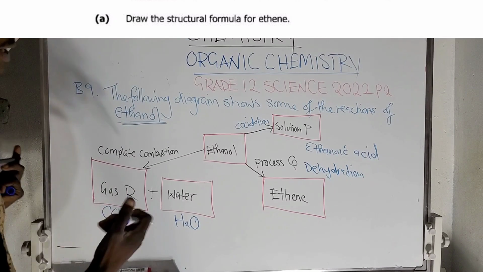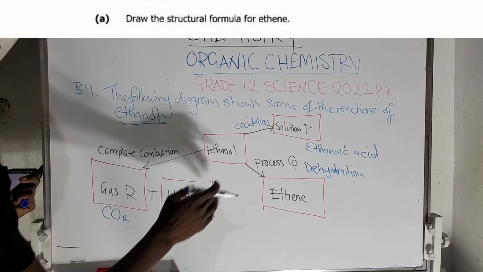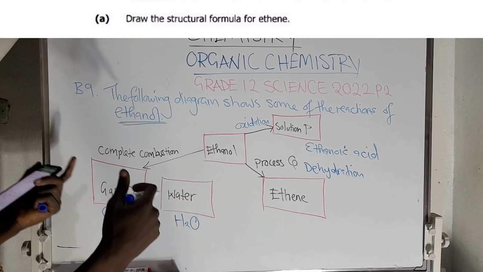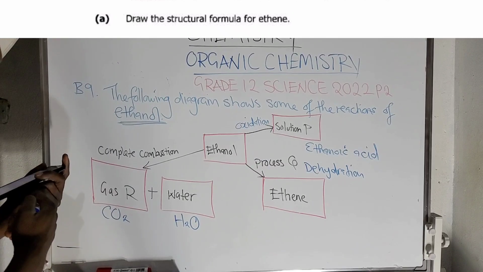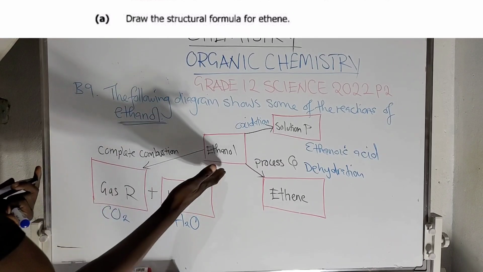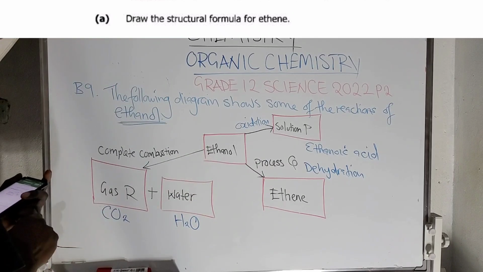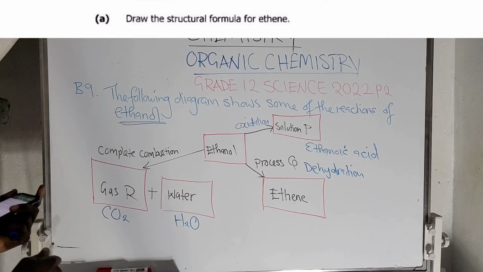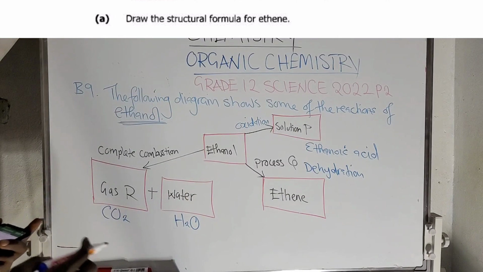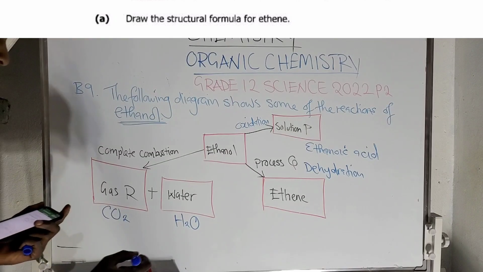There is only one reaction missing here, which is fermentation. I think we'll answer it in the next video, where we use fermentation of glucose to come up with ethanol. Now, let's go through the questions.